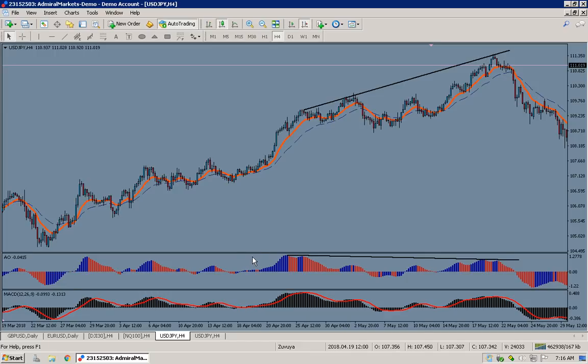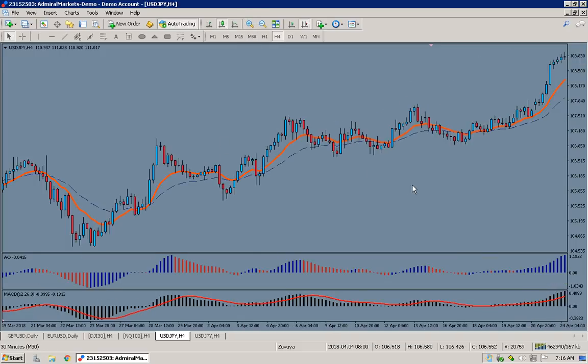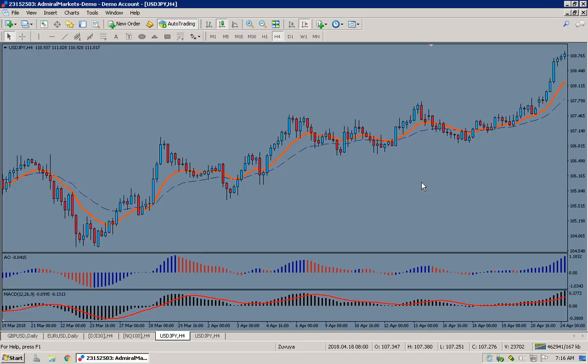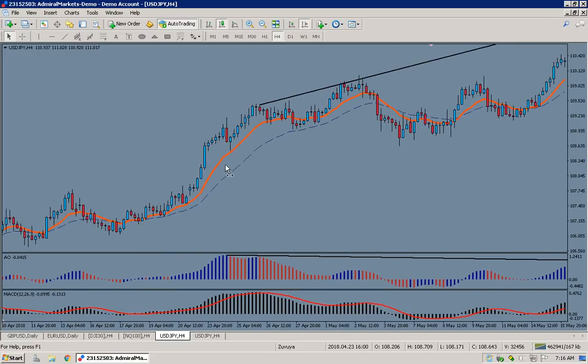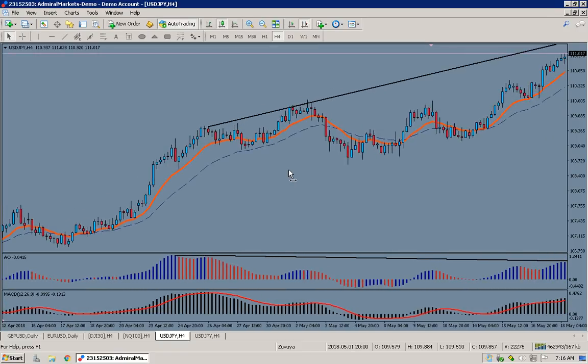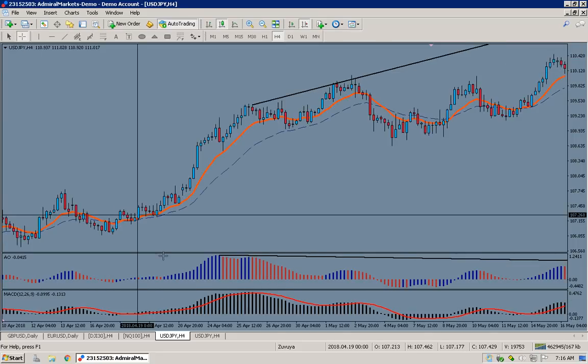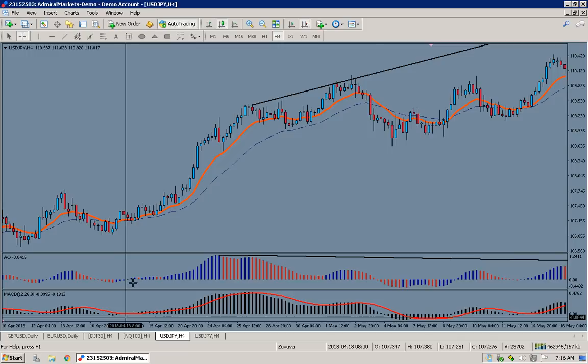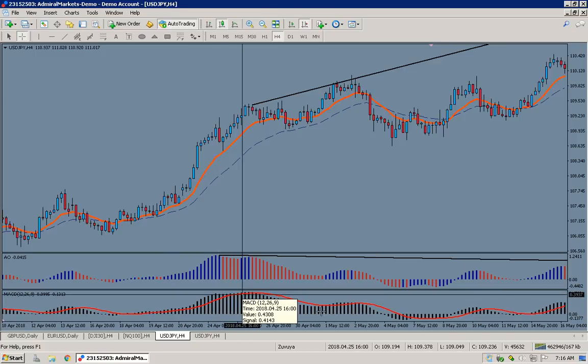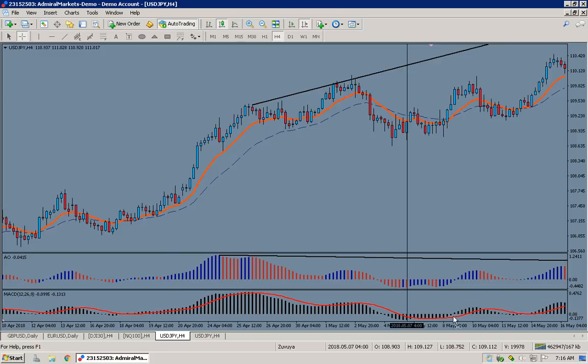I'm trying to find something here that we can see that with. I'm just now going to refer to the awesome oscillator for a while, but you can see that the histogram is almost following identically on both.